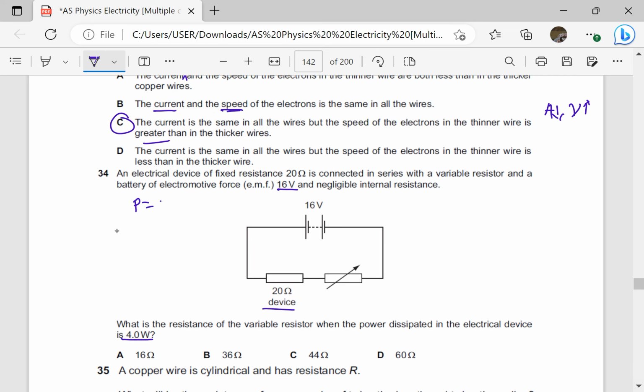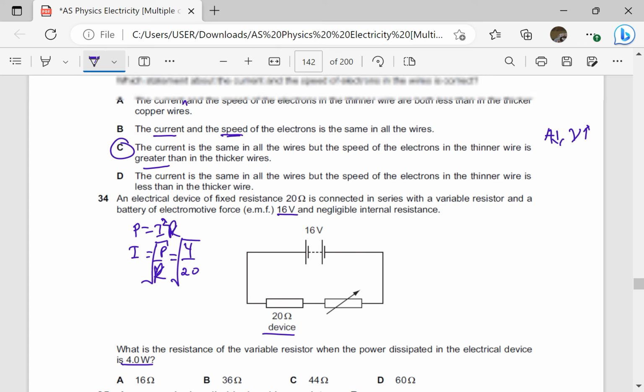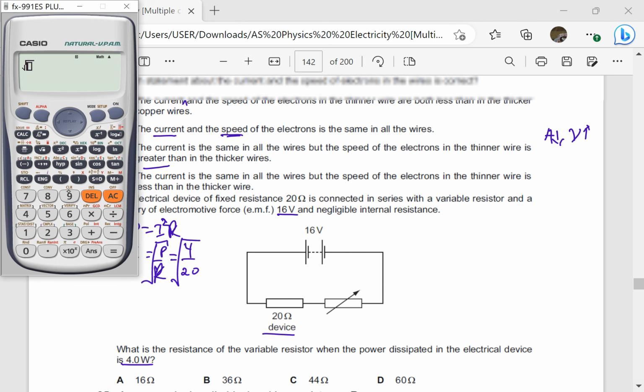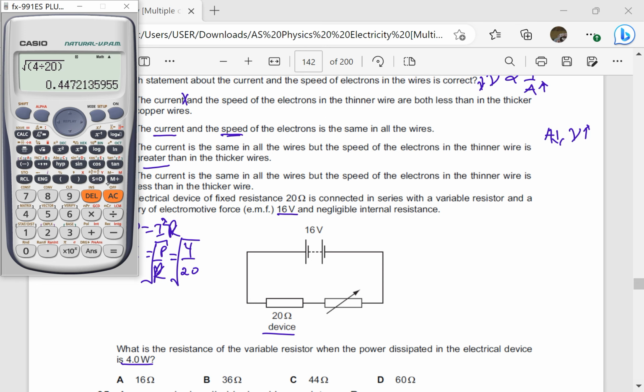From power equals I times V, the current would be power over V. The power is 4, and no, let me use I squared times R. Power is I squared R, meaning I is going to be the square root of power divided by R. So this is the square root of 4 divided by 20, which is approximately 0.45.